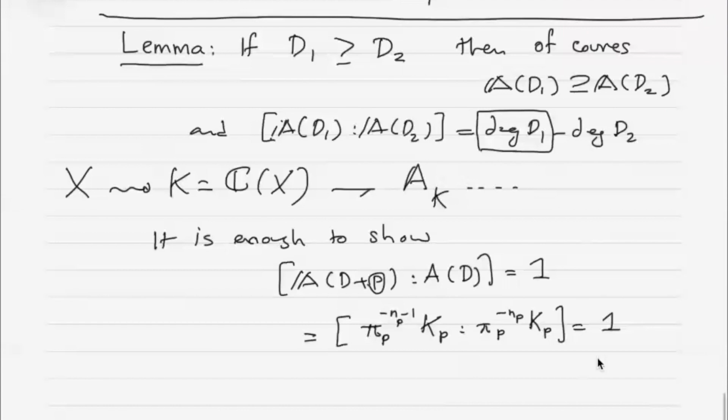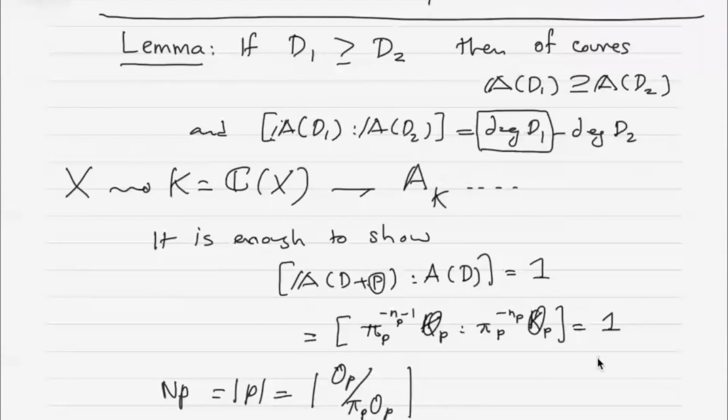And in fact, if I work over a more general field, instead of 1, I should put something like the size of P, which I have to define, call it norm of P or something.